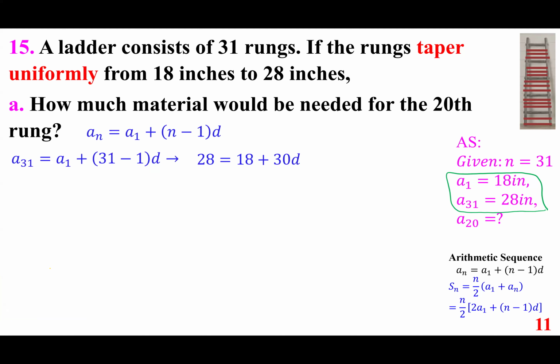Subtract 18. You get 10. Divide by 30, you get 1/3. So that's very straightforward. We got the d, and now what is A sub 20?